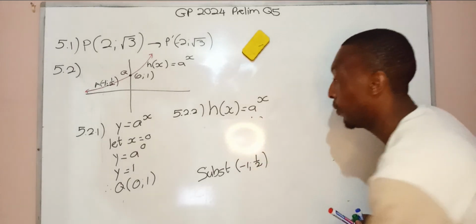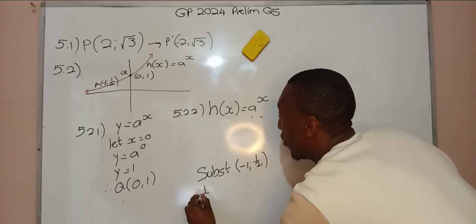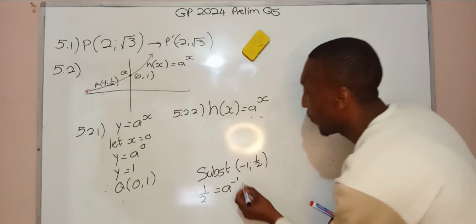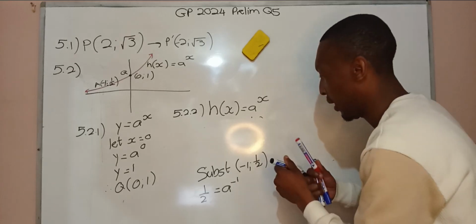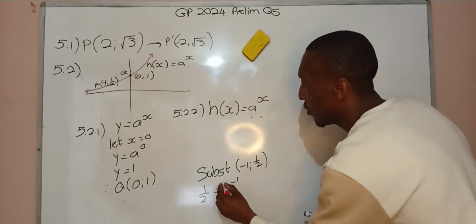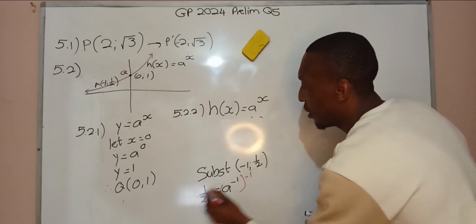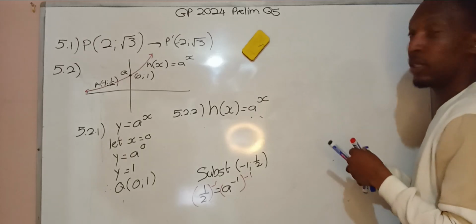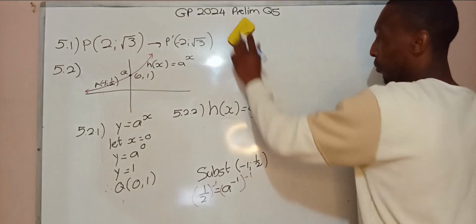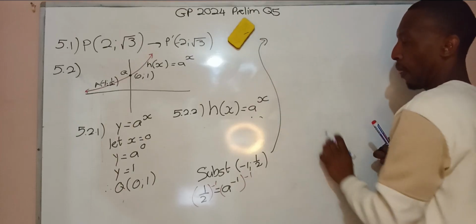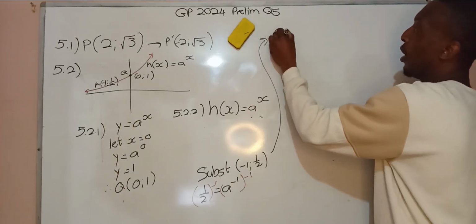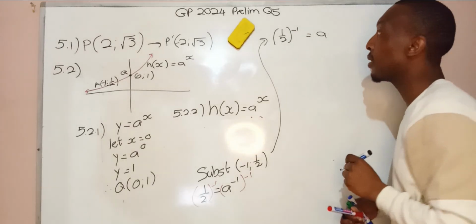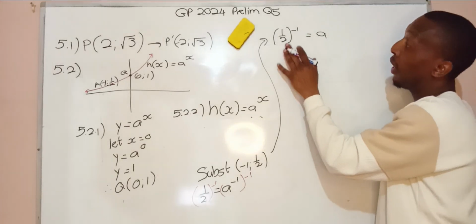Okay, so it means that I'm going to have a half is equal to a to the -1, right? So as I was saying, changing this to a positive, I can do it by raising both sides to the -1. Let's continue it at the top here. So I'm going to have a half to the -1 is equal to a, right? And then how do I simplify this?